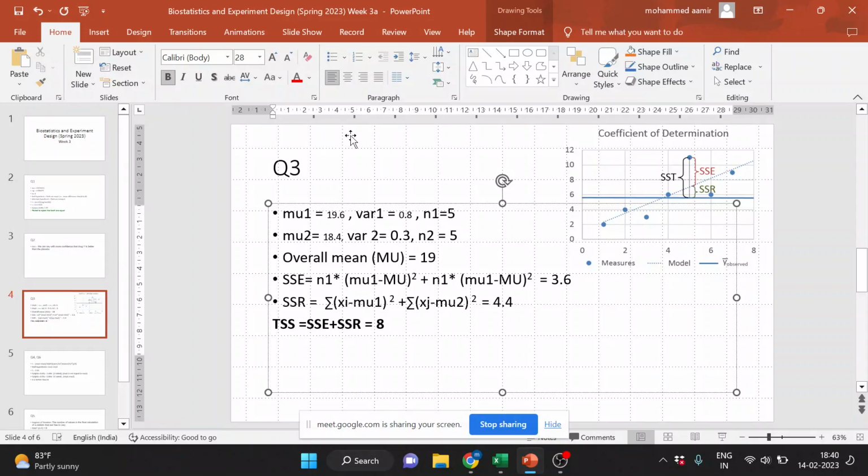It could be this formula, but don't take this as gospel because I'm not very sure. I'll do that and verify. You can do this for all the 10 data points that you have, and that could give you the TSS, but I'm not very sure. You have to basically show this is equal to this entire thing. If you can show that, then it works, but I don't know whether this is correct.